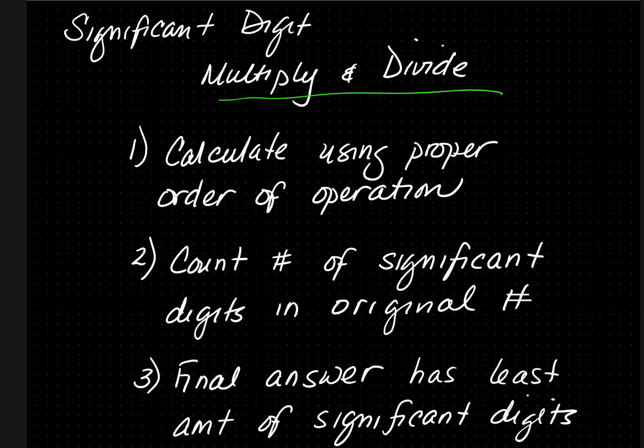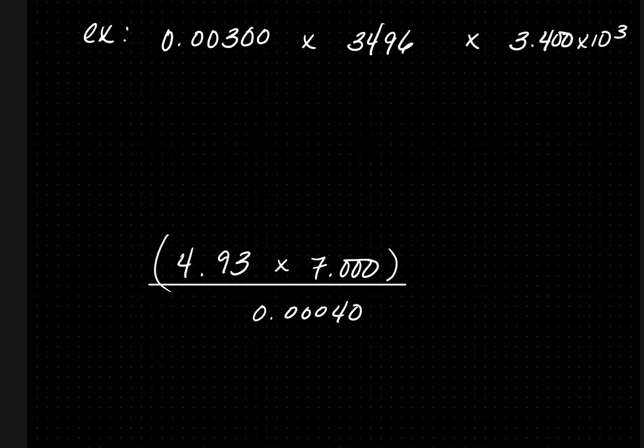The first step you will do is calculate using proper order of operation that you learned in math. After you do your calculations, you want to count the number of significant digits in the original number. The final answer will have the least amount of significant digits.